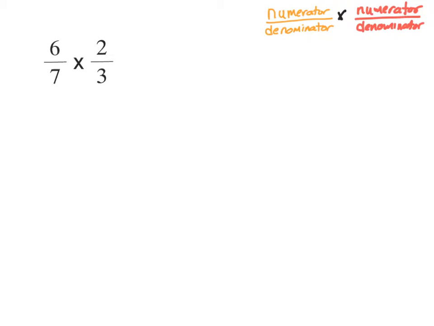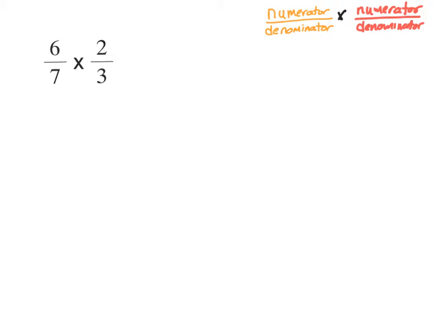All right, in our previous example, it was smaller fractions, and you can always simplify after you multiply. That's not a problem. You just have to find common factors to reduce your fraction to the simplest form. But sometimes the calculations are a lot harder, or the fractions are a lot larger, and so you're calculating really big numbers.